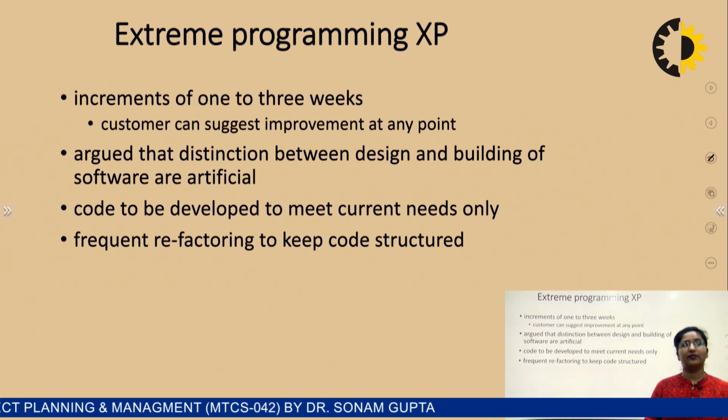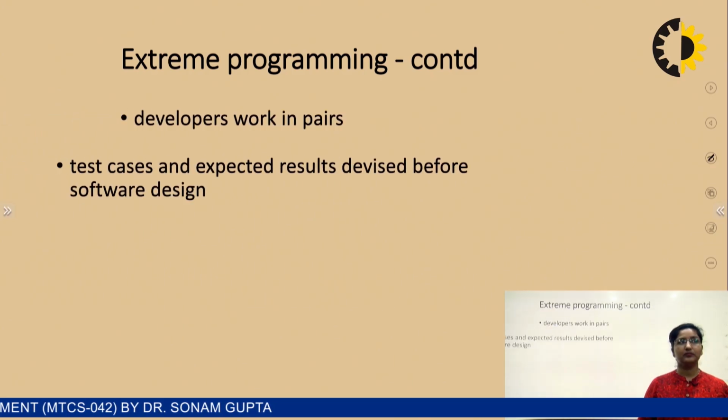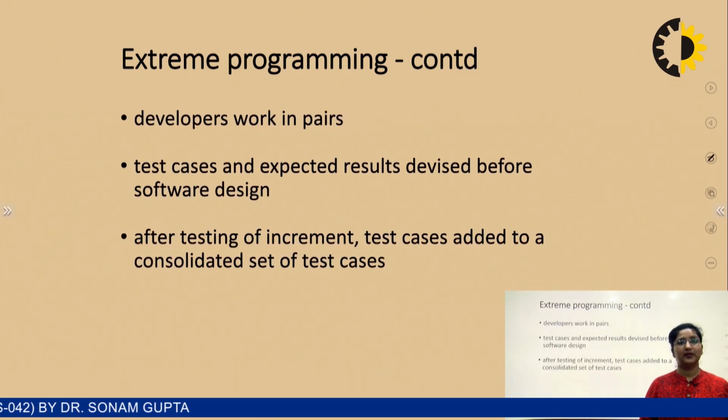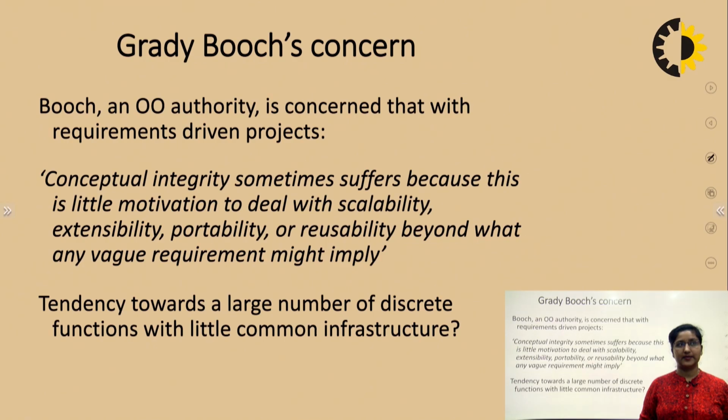So frequent refactoring is required to keep the code structured. In extreme programming, developers work in pairs, and the test cases and expected results are devised well before the designing phase. After testing of the increments, the test cases are added to the consolidated test cases.